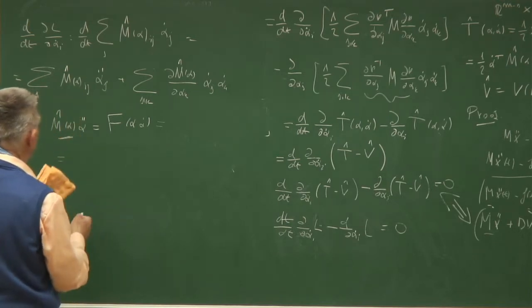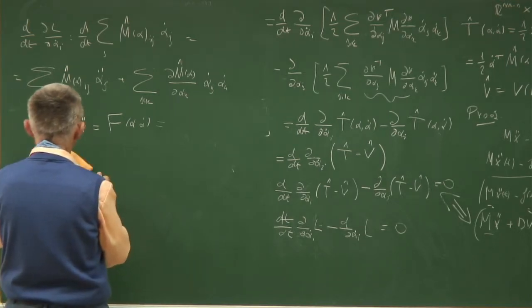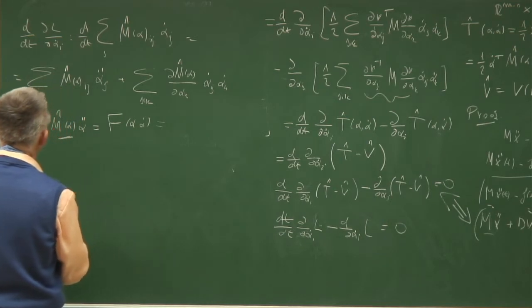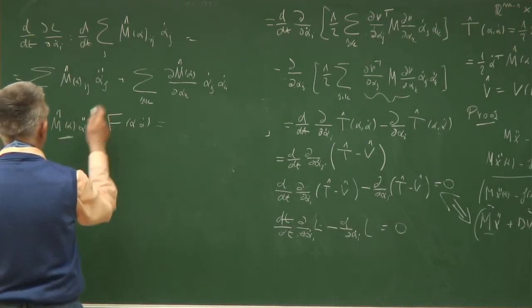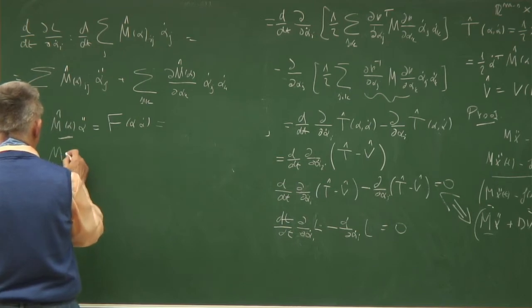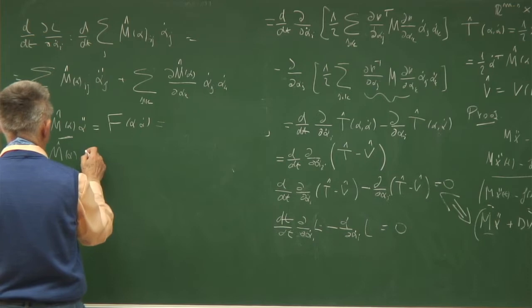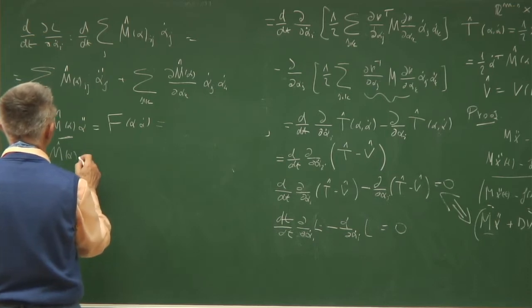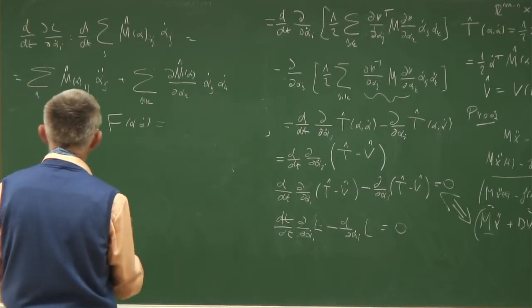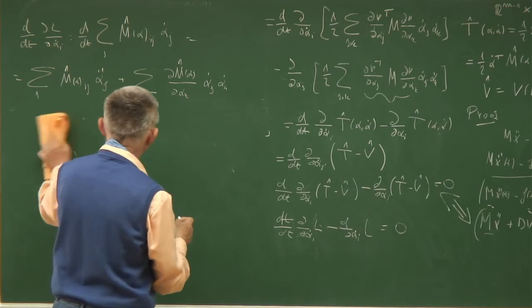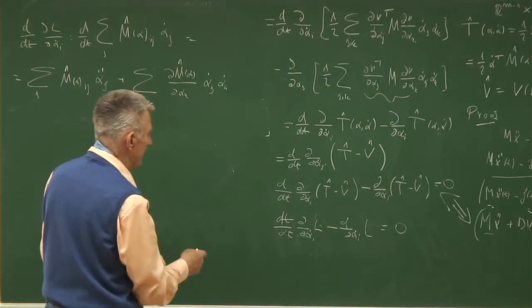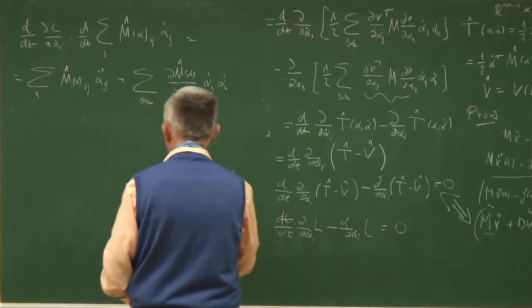So we would have m alpha times, well, let's stay with this t and v.